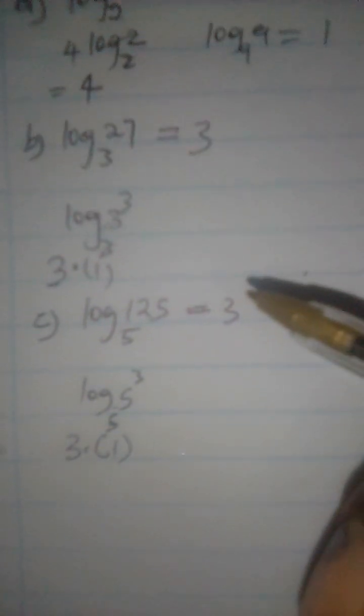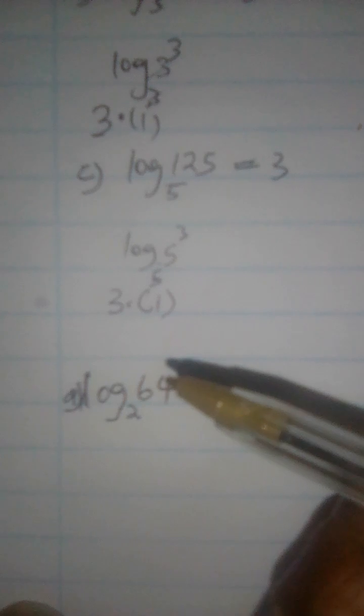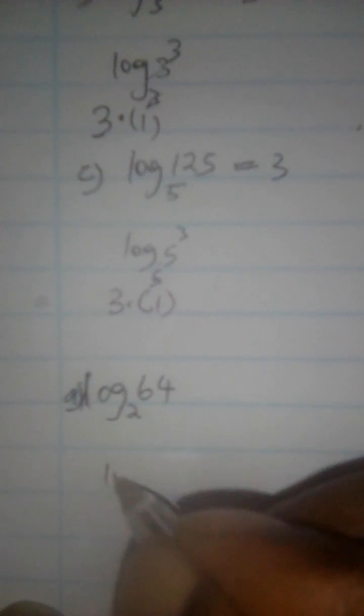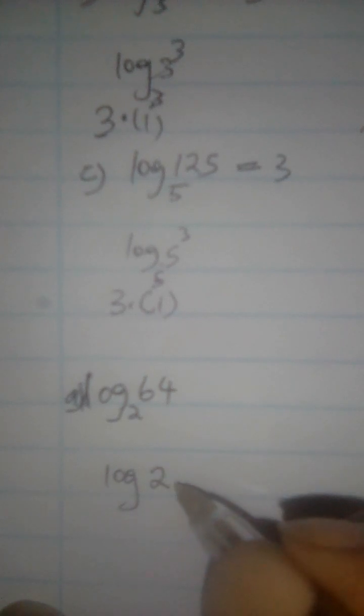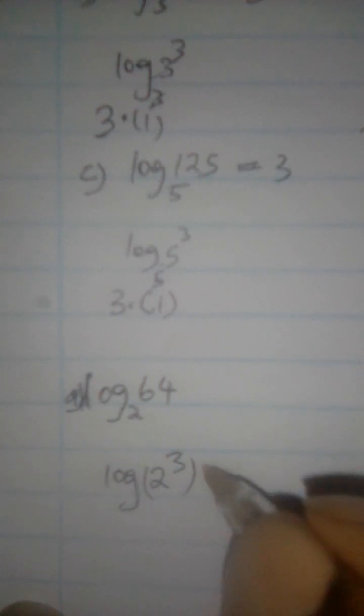Now we get to question 2. Question 2 says simplify. Number A says log 64 base 2. So if we have to simplify this, we can write log 64 as log 2 base raised to 3, which is 8 squared.